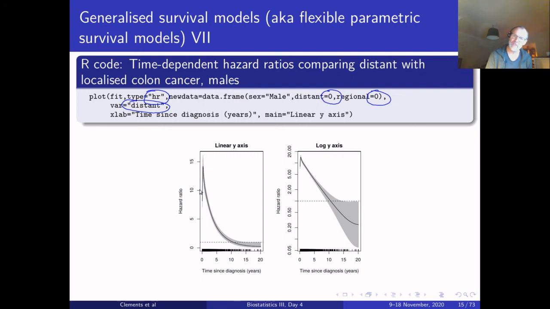And then we find that there was an initial increase in the hazard, and then a decrease, and actually it drops below 1 here. So I think this is a beautiful plot. We can also plot this with a log on the y-axis, and this shows much more clearly it dropping below 1 here.